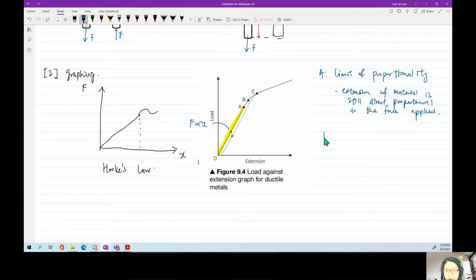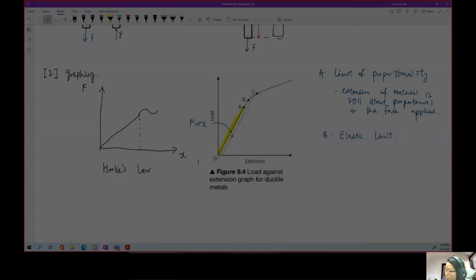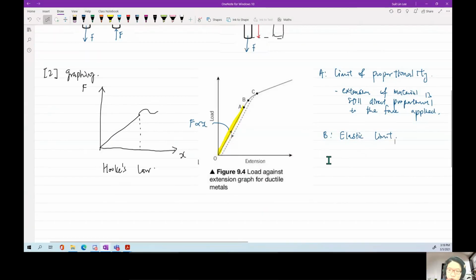Okay. What about point B? Point B is known as the elastic limit. I think it's important to understand what is elastic deformation and what is plastic deformation. In a nutshell, elastic is when you are able to return to original length.